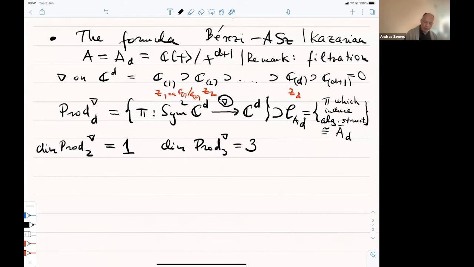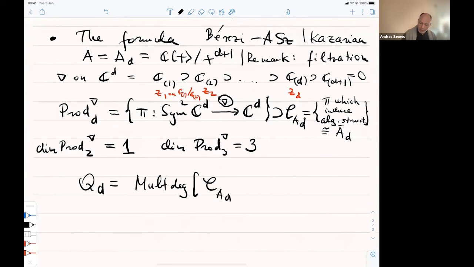It's called multi-degree, and I'll define QD, which is equal to the multi-degree, mult-deg, of our variety CAD as a subset of our vector space, like this.